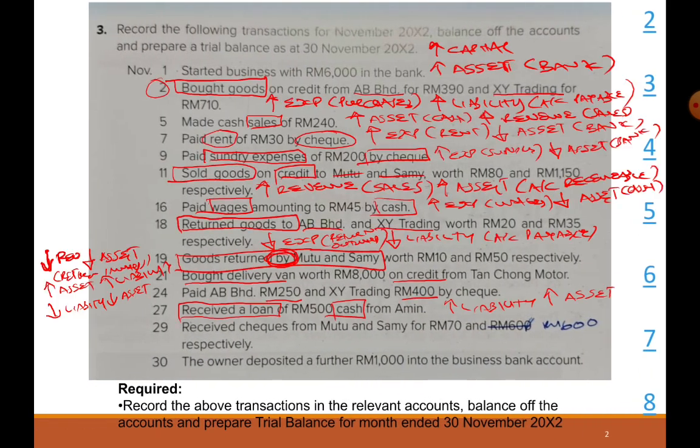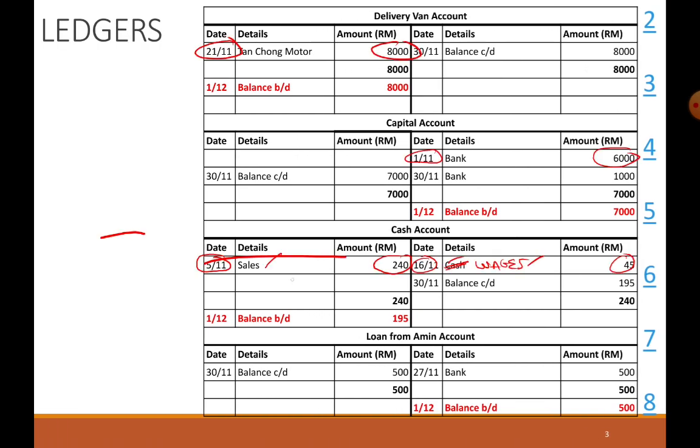Okay, debit cash, suppose it should be cash, but normally when we applied for loan, the bank will bank in to our account, not give in terms of physical cash. That's why I debit bank, credit loan from Amin.